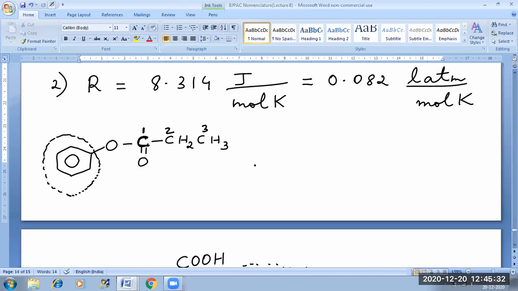How do you name the ester? You first write alkyl. Like if you have this part, this will be alkyl for an ester because it's linked to the oxygen atom. So the alkyl part here is the part which is attached to the oxygen atom.